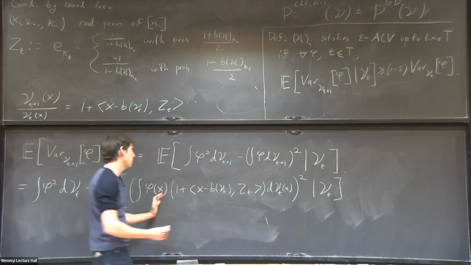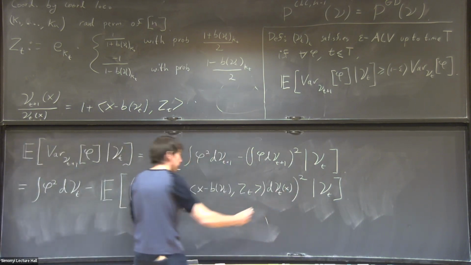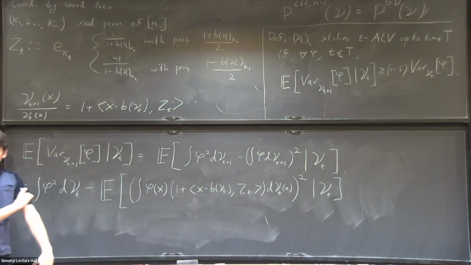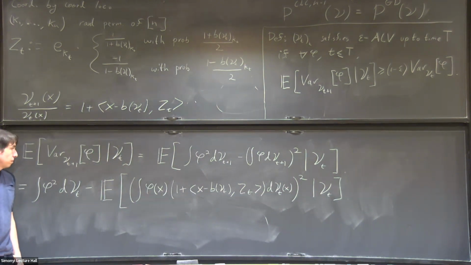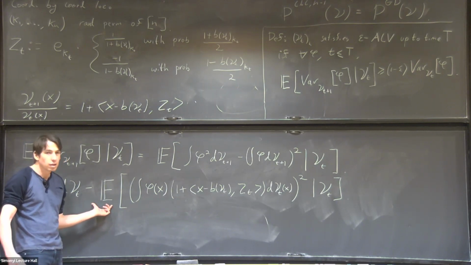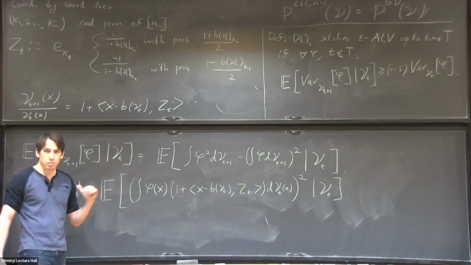Okay, now let's try to open those brackets. Just to make sure, since you fix nu t, the expectation is only on z t. Yes, that's true. This expectation is really only on the vector z t conditioned on nu t.